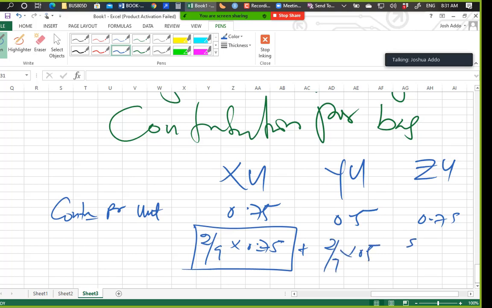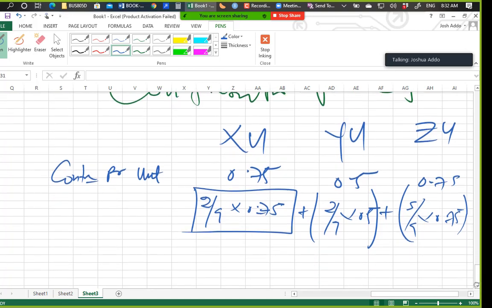And this was 5 over 9 times 0.75. If you sum these weighted contributions, you get the weighted average contribution for the bag.